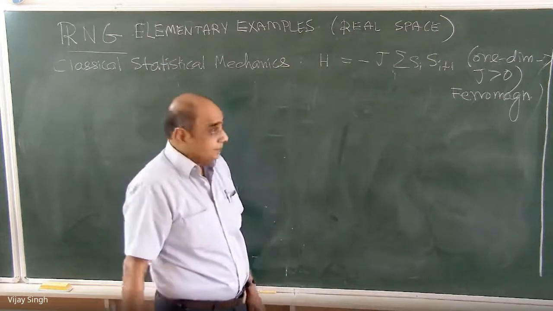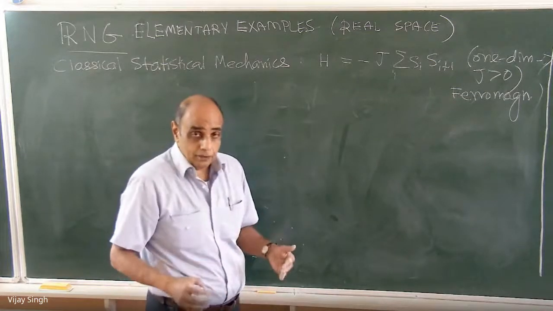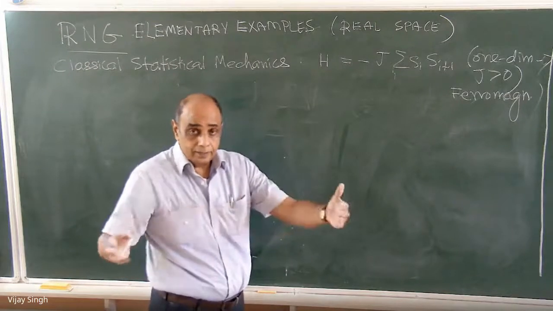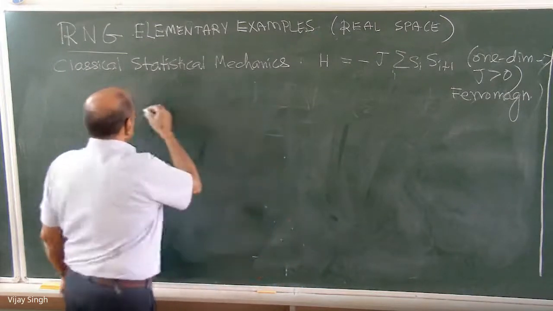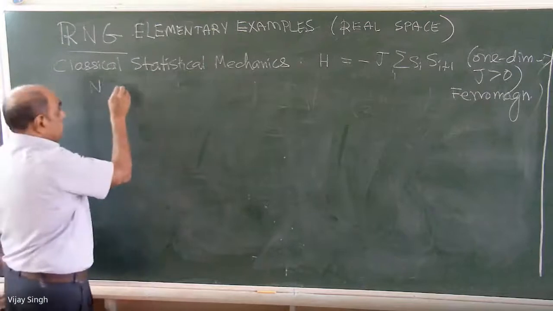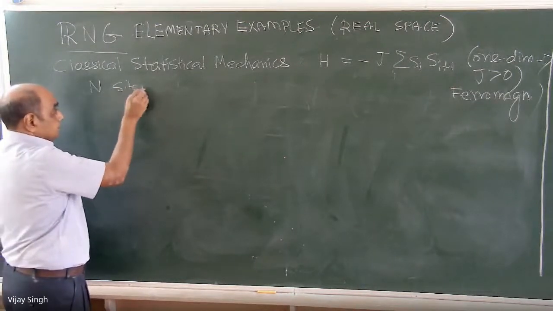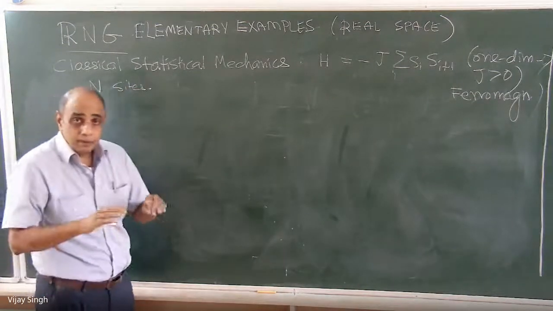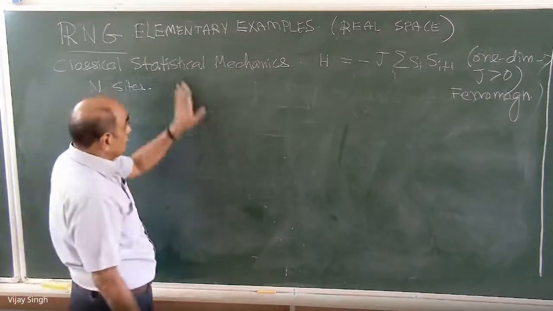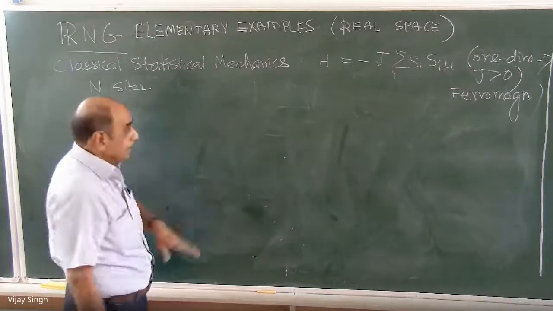Since I'm doing a real space renormalization, I have a finite system. So let me have a system in which there are N sites, and let me put temperature in already. It's statistical mechanics, so there has to be temperature.